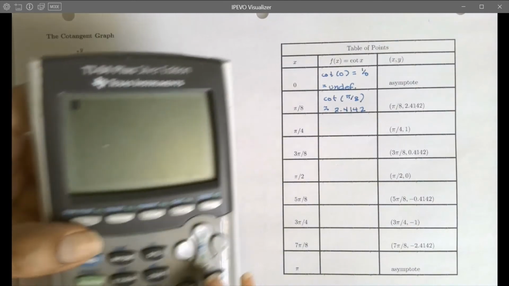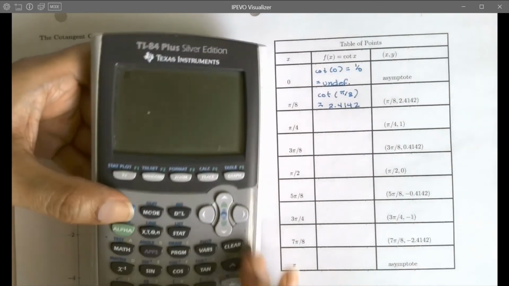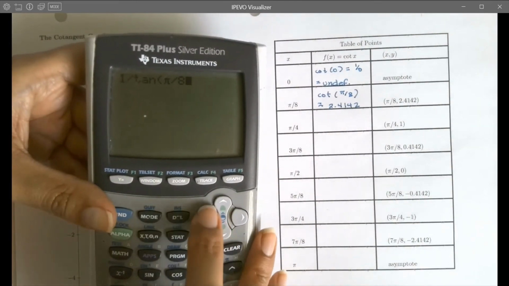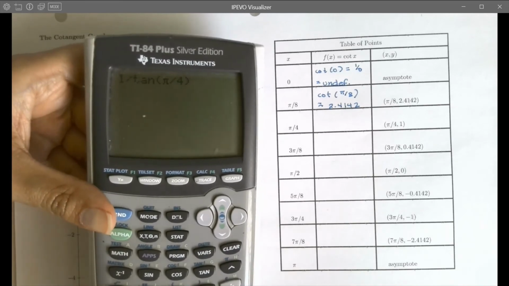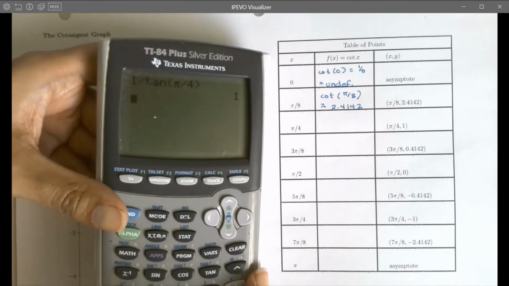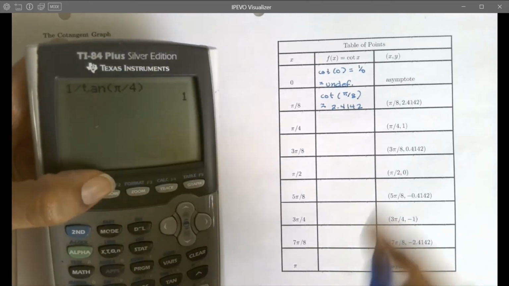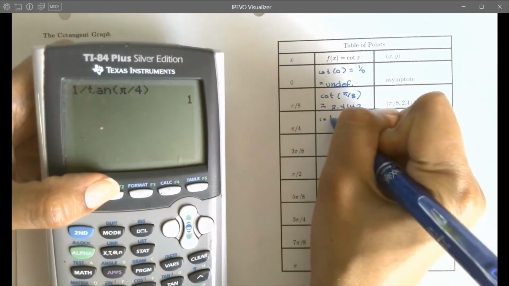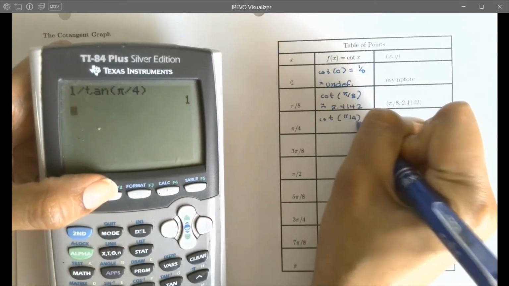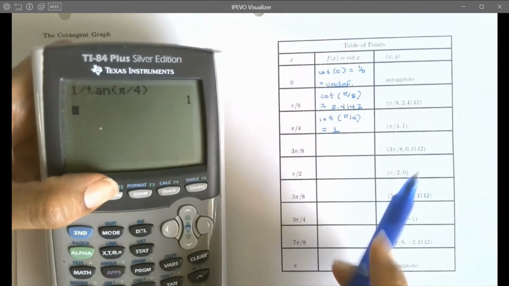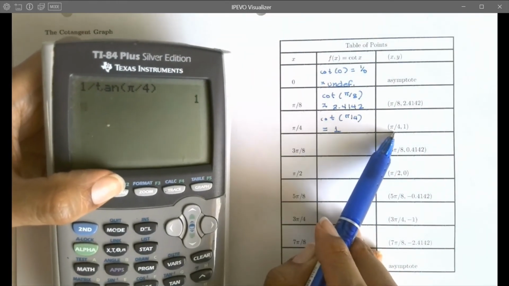Okay, again, let's check pi over 4. There are two options for checking pi over 4, unit circle or calculator. In this case, I'll rely on the calculator. We're going to get a 1. So that agrees with a point of pi over 4 comma 1.